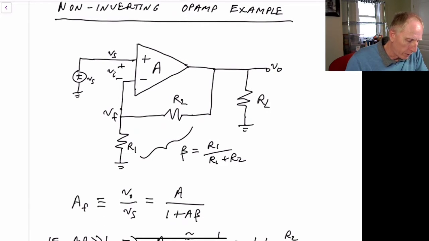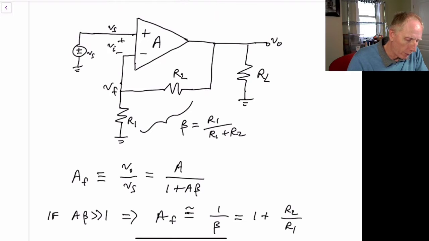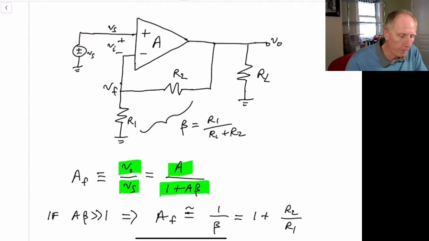Then in this circuit, by our equation, V out divided by Vs is just A divided by 1 plus A beta, where A is the gain of the amplifier and beta is the transfer function, or the gain, through that resistor divider network.